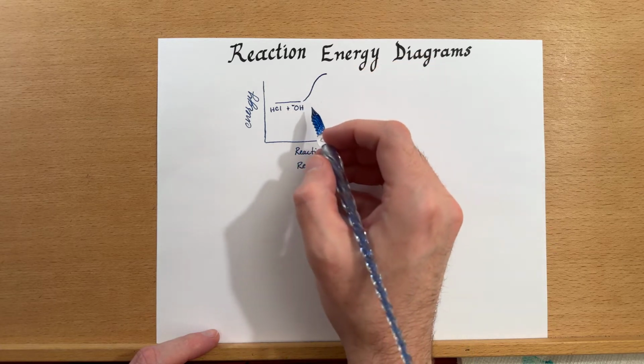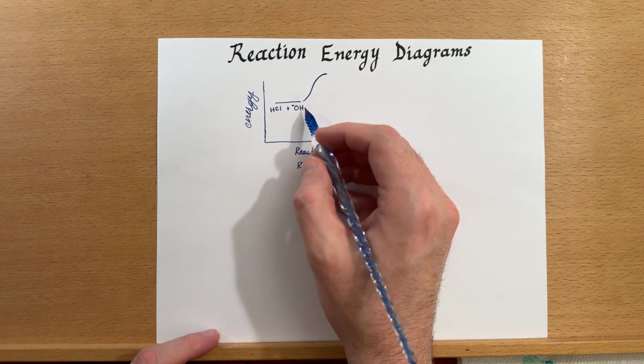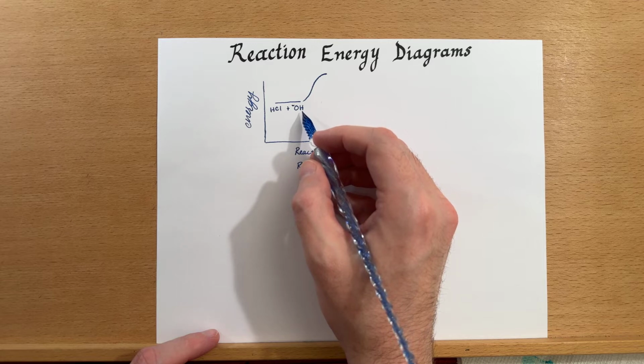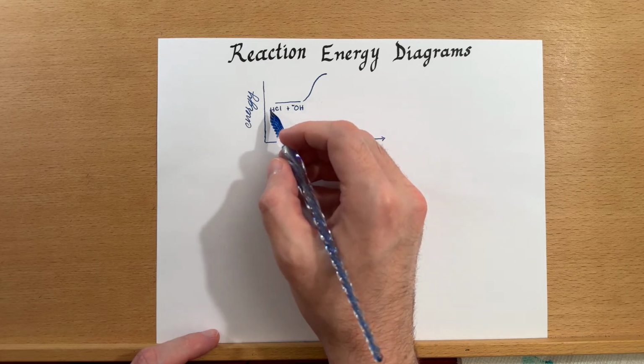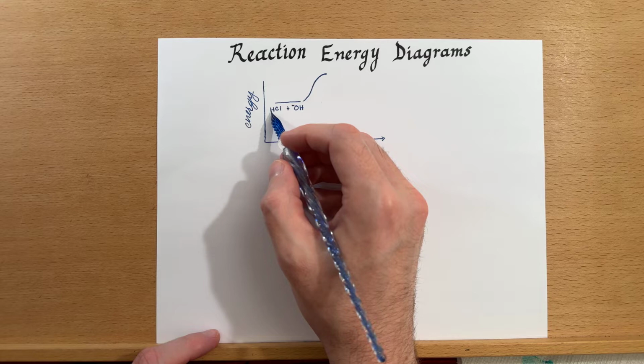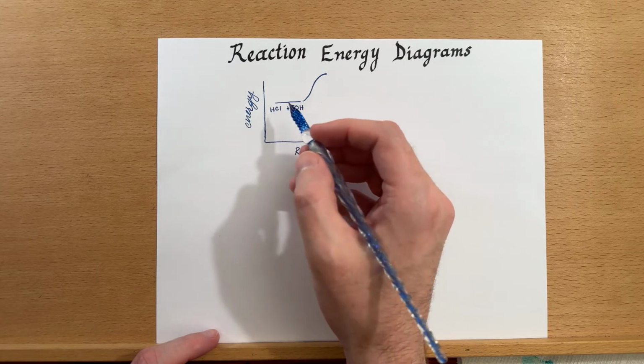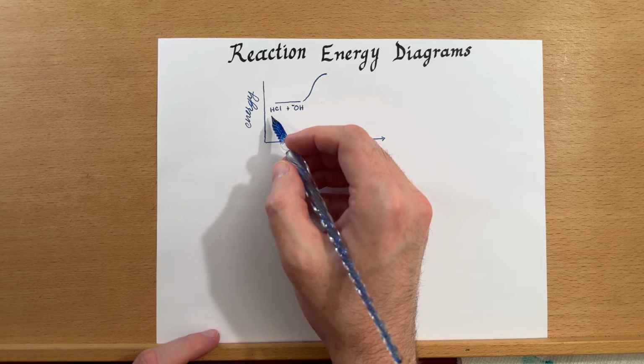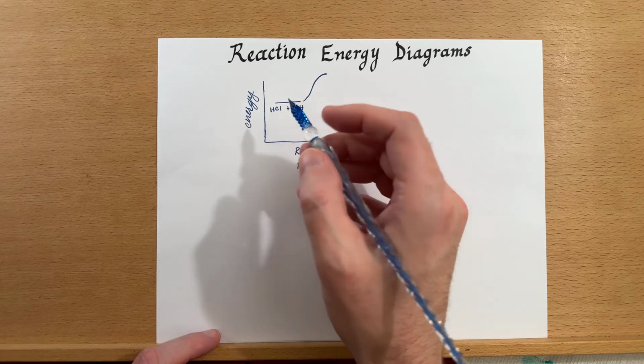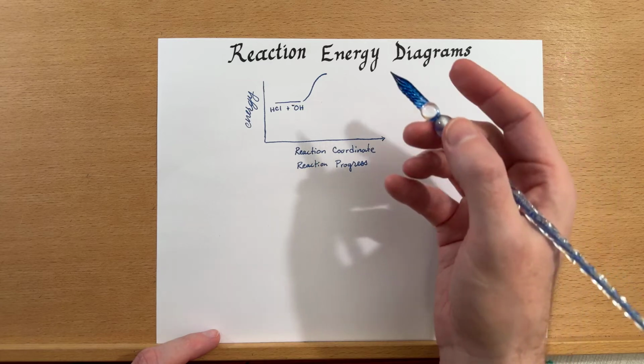And initially, it's going to take energy for this reaction to start. That is because we have to break the hydrogen-chlorine bond. Or if it's in water, we'd have to break the H plus to water bond.